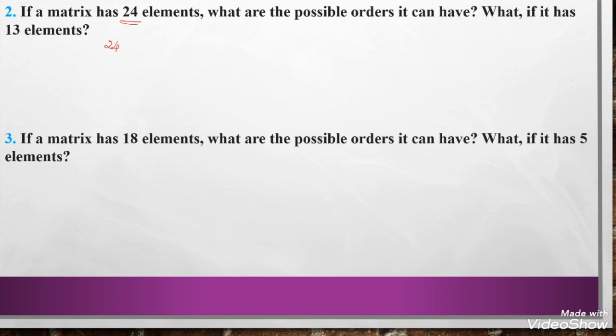The number of elements is the product of rows and columns. 24 can be factorized: first into 2 into 12, then 4 into 6, which is 24.